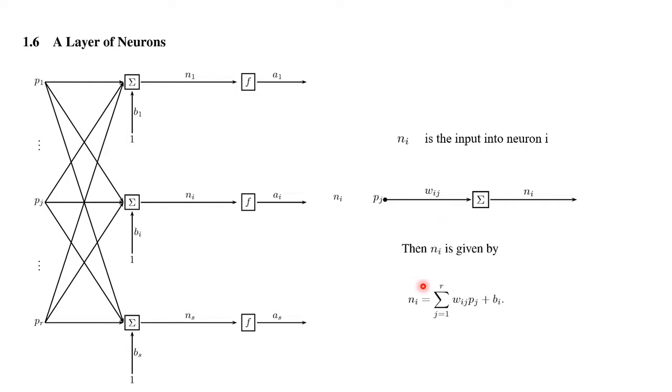Then the input into the ith neuron is the same as the expression we had before, except that now we've got Ni. This is the ith neuron. So it's i fixed and j is running, Wij Pj. Just like we did before, except that now instead of N, we've got Ni. We're focusing on the ith neuron.